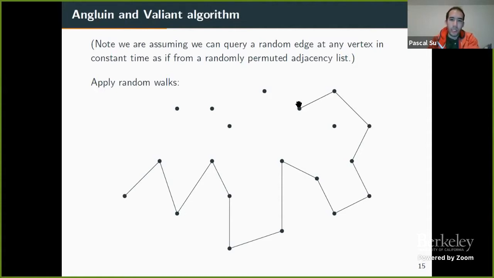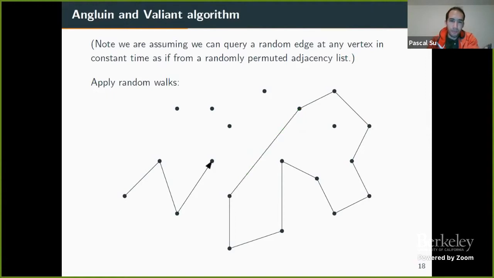So what I can do here is implicitly do the Pósa rotations I mentioned at the beginning. So if I query a new edge, then if I'm going back into the path, I ignore the edge if the distance to the current vertex is less than n/2. And if it's more, then I can detach the cycle in this way.